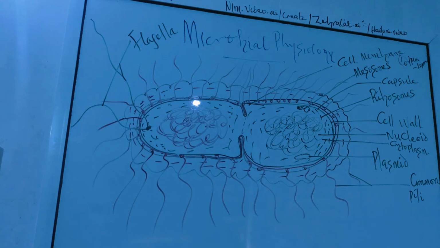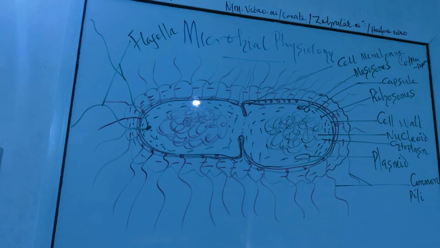So just like you can see here, this is called the envelope. This is called the capsule. And it is not all bacteria that can form a capsule. Why do they form a capsule? They have their reason for doing so. Whatever you see any bacteria or any organism doing, just like I told you, it must be there for a certain reason, to serve a certain purpose, to perform a specific role.